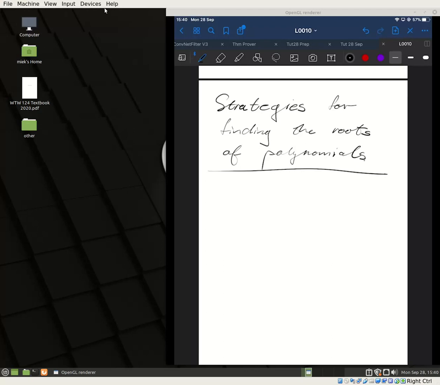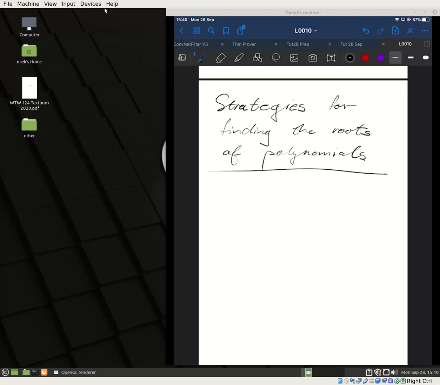Okay, so what is our goal? We would like to be able to solve polynomial equations over C. In other words, we want to be able to find the roots of polynomials. Depending on how complicated the polynomial is, this can become quite complicated.